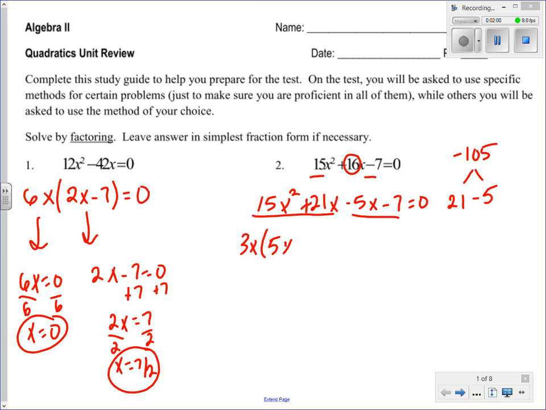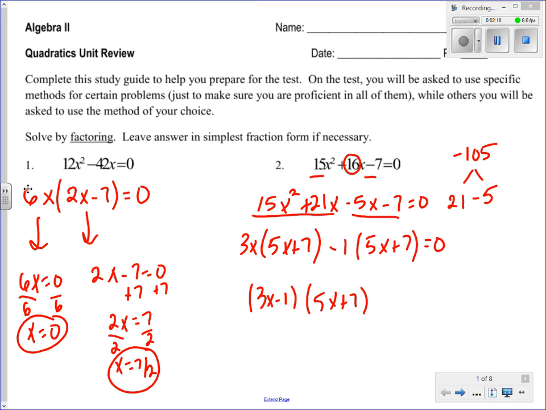We would have 5x plus 7 remaining. And then we need to get a 5x plus 7 here to have the same parentheses. So that means we need to pull out a negative 1. We're going to bring down our 3x minus 1. That makes this parentheses here, and then our 5x plus 7 for our second.